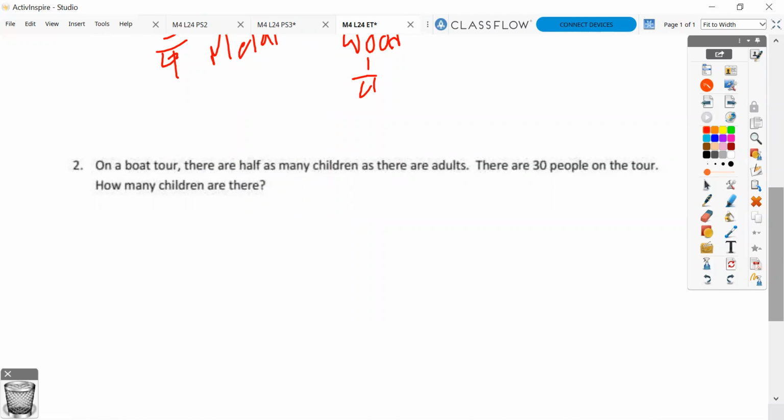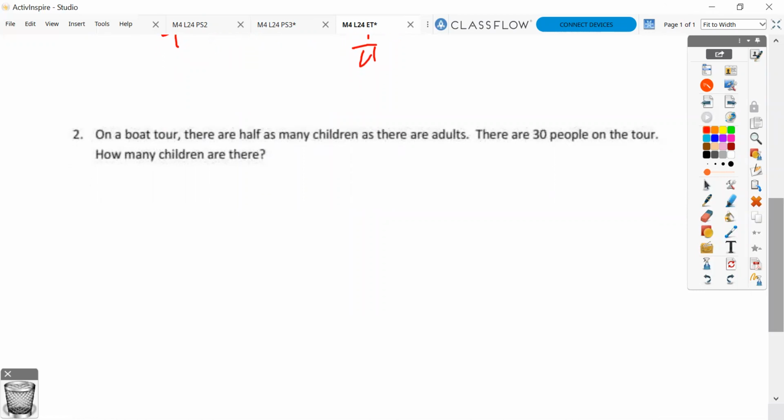All right, let's draw a picture for this one to help you as well. On a boat tour, there are half as many children as adults, and there are 30 people on the tour. How many children are there? Okay, this one's kind of like the question we just messed up on in the problem set. So we know there's half as many children.